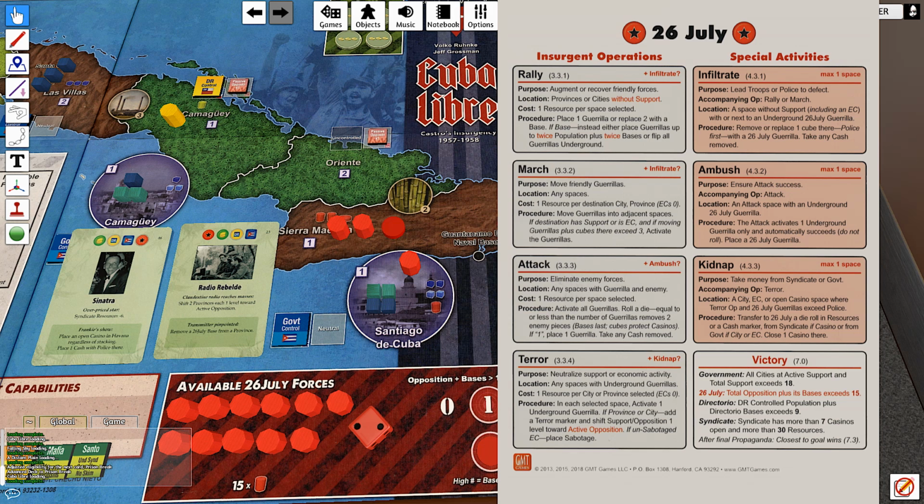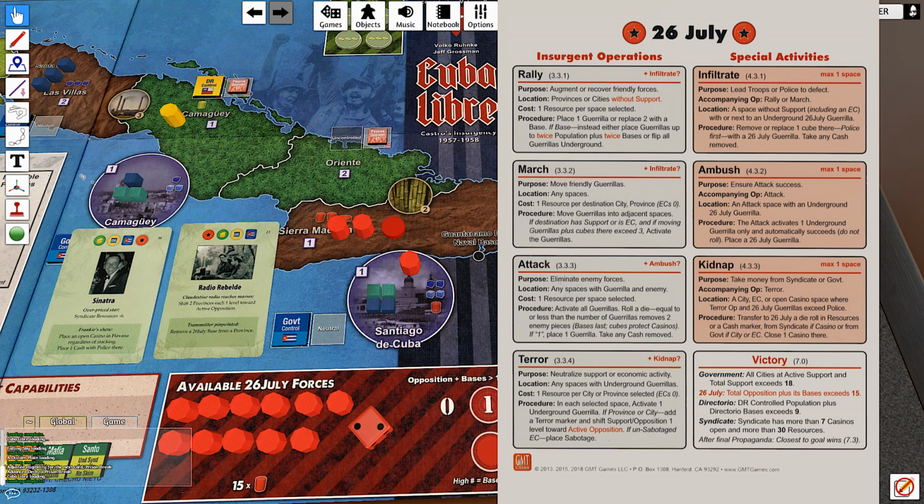Ambush is basically doing an attack that automatically succeeds because you ambushed them. With attack, you have to actually roll a dice to see how much damage you do, and ambush automatically does damage. And kidnap, that's take money from syndicate or government, so that's how you get resources. So operations, special activities, really, really good.